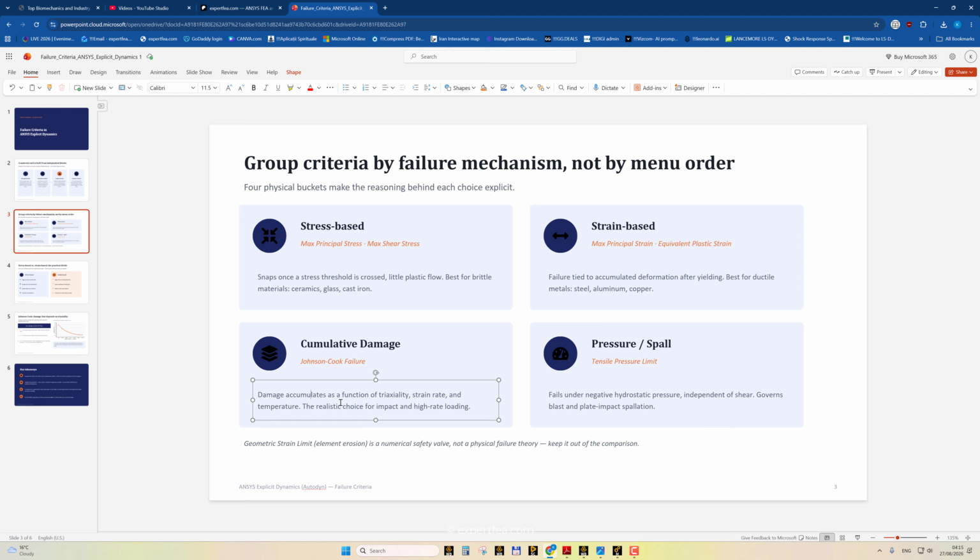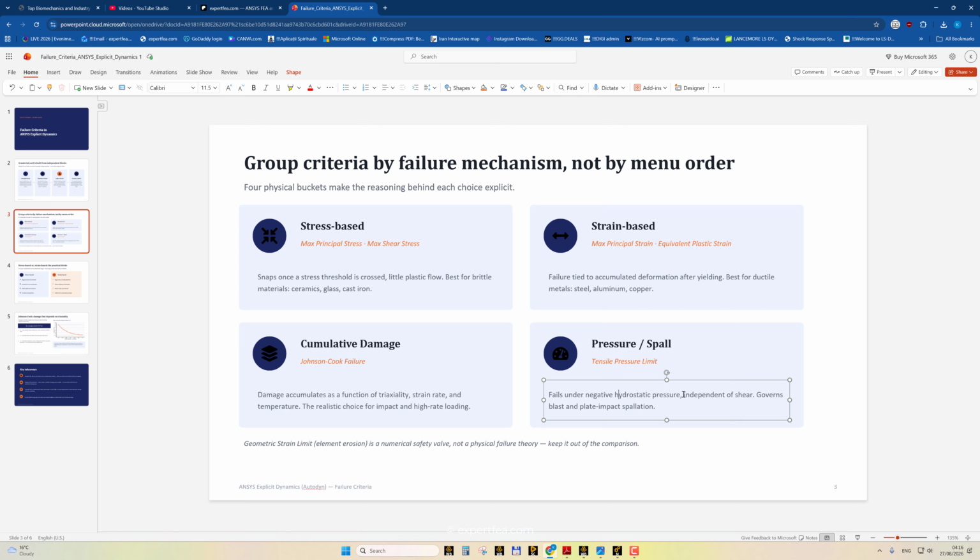This is good, let's say, for ballistic simulations, or maybe repetitive simulation with a very high rate. And here, as I told, the material fails under negative hydrostatic pressure.